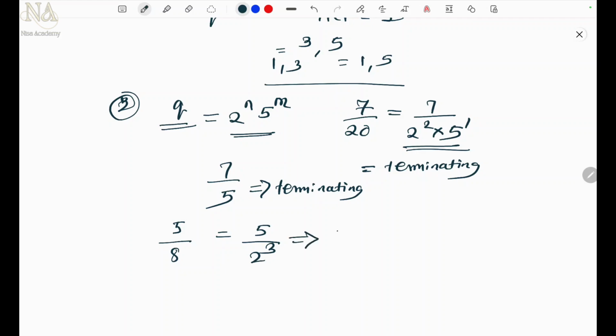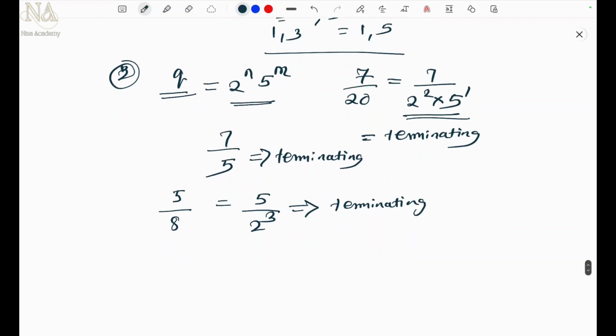Yes, so this number will also have a terminating decimal expansion. So either it should be a product of a power of 2 and a power of 5, or just a power of 5, or just a power of 2. In all these cases the decimal expansion of the number will be terminating.